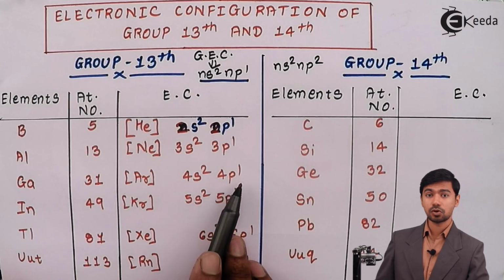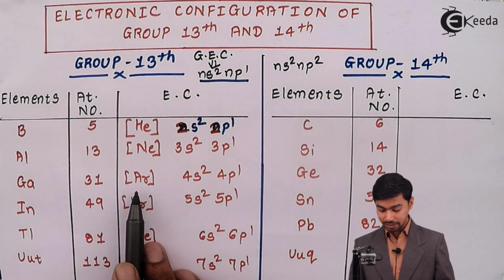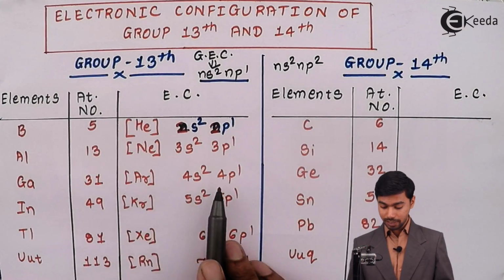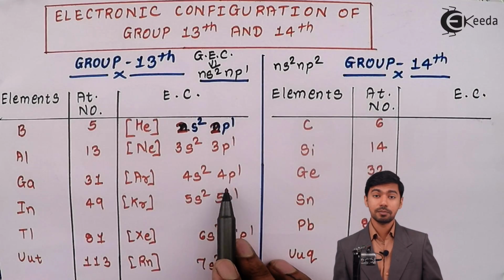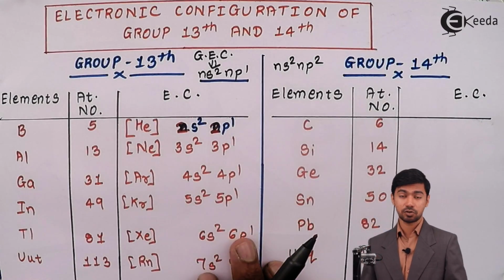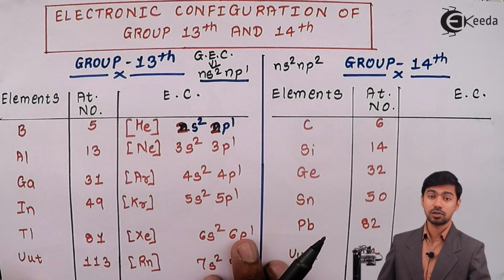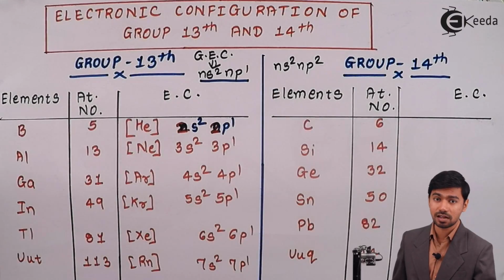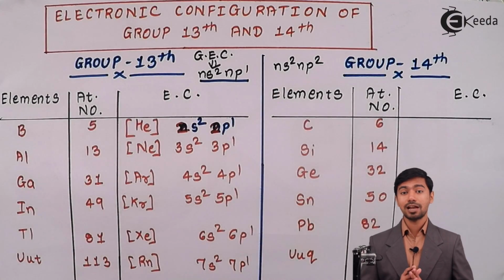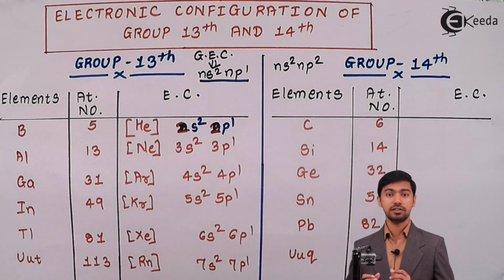So how many electrons are there in totality? 18 electrons from argon, 2 electrons from 4s and 1 electron from 4p. That means only 21 electrons get configured by this rule. That means still 10 electrons are remaining with gallium that we have not configured yet.